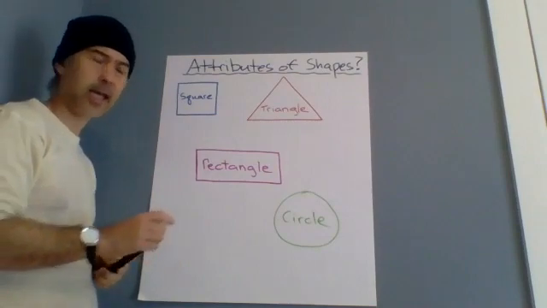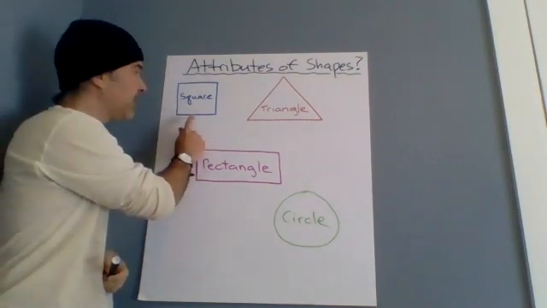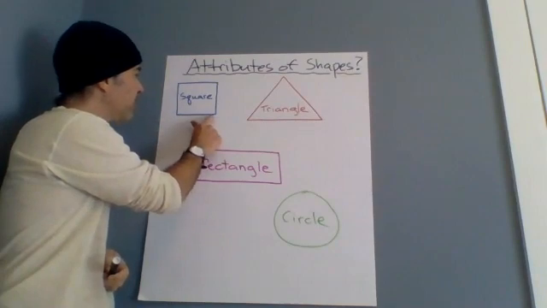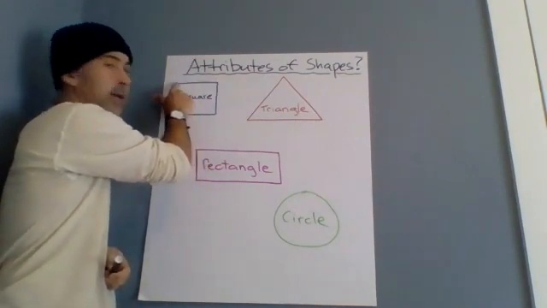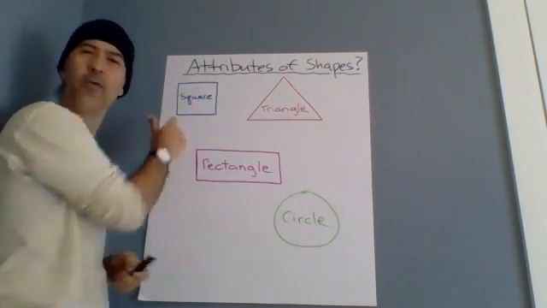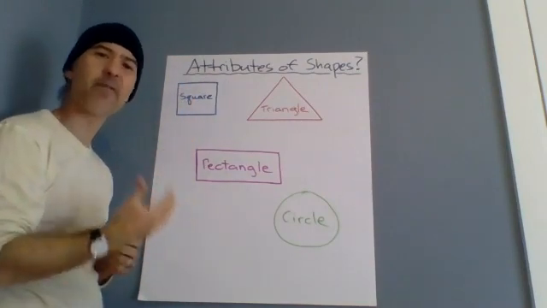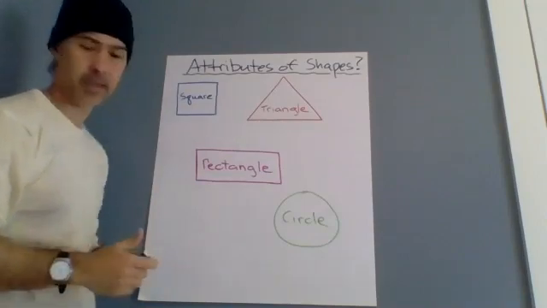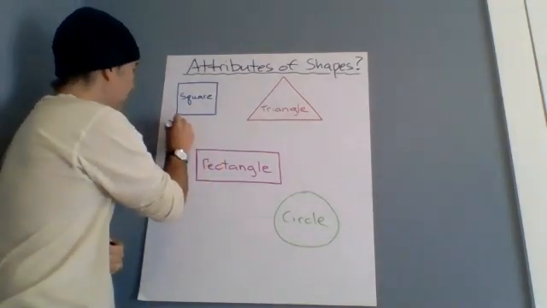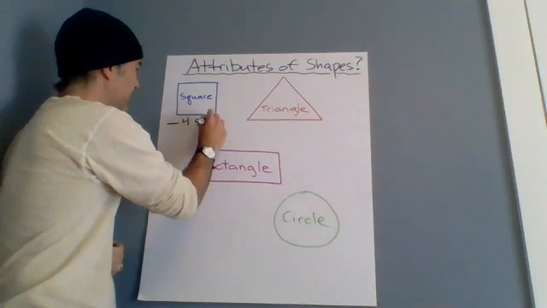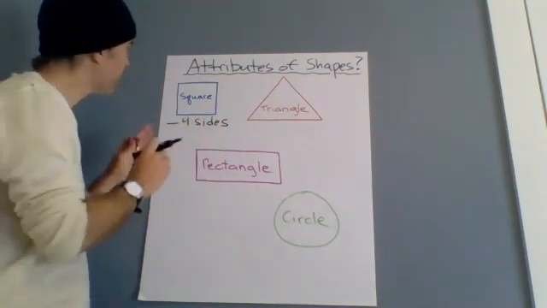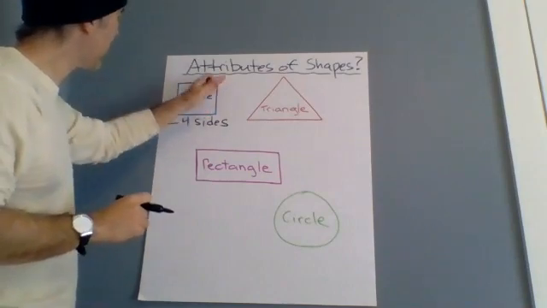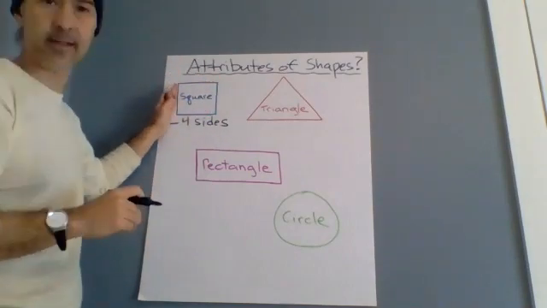Well, I'm looking at the square and I see 1, 2, 3, and 4. For what? What does a square have 4 of? Well, it has 4 sides. Now, 1 side, 2 side, 3 side, 4 sides.